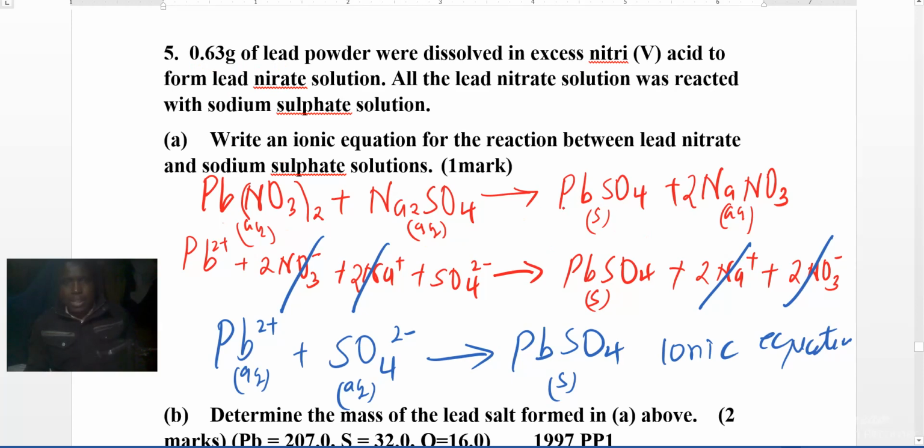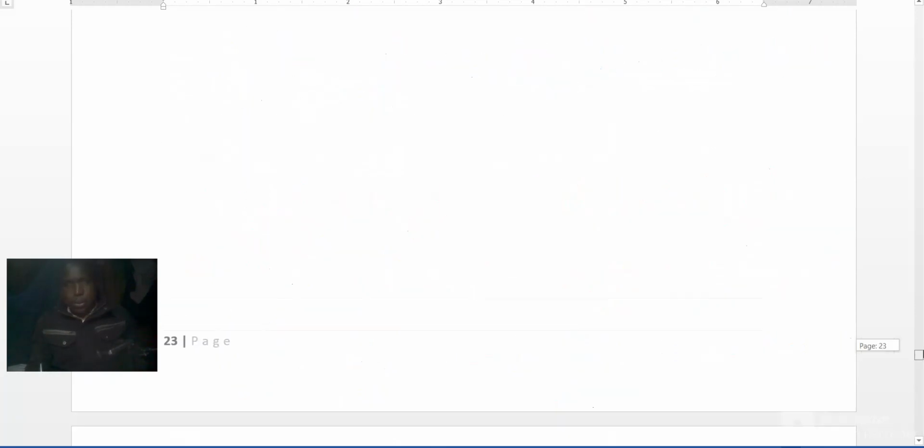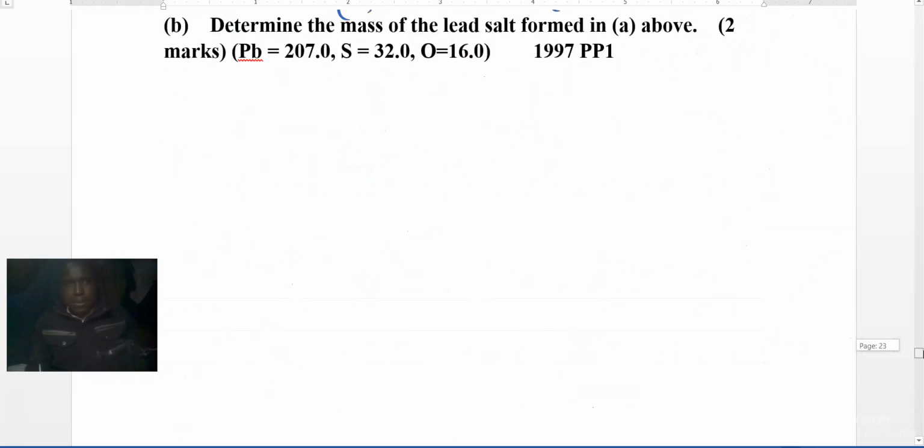The number of moles of lead will be equal to the number of moles of the lead sulphate that was formed. You need to know that. So we now need to calculate the moles of lead.